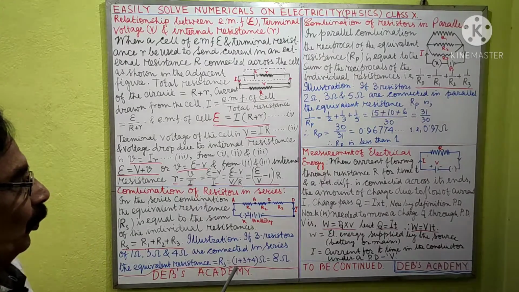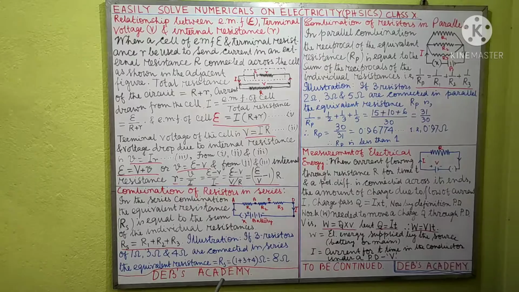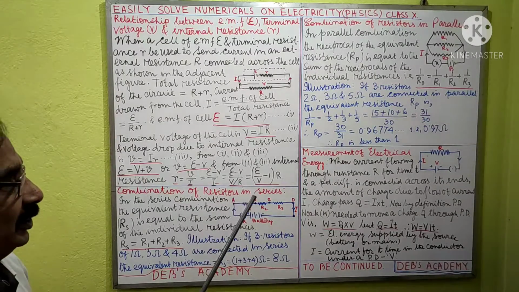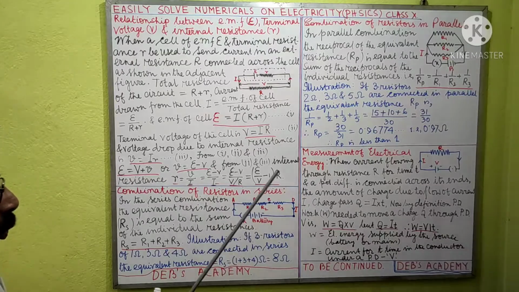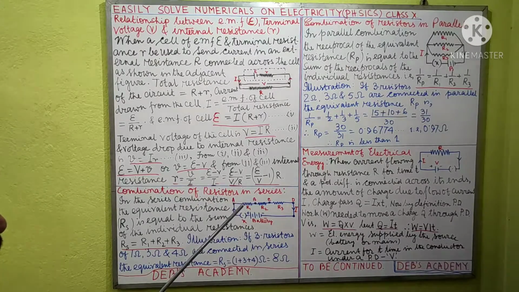That is, 1 by Rp equals 1 by R1 plus 1 by R2 plus 1 by R3 and so on. There is also one illustration for you. You can follow that to calculate your problem.